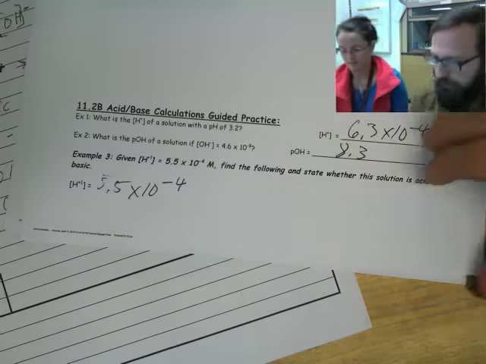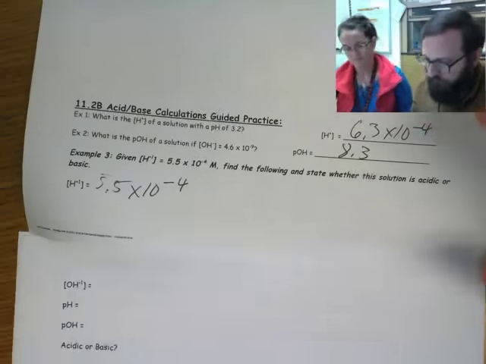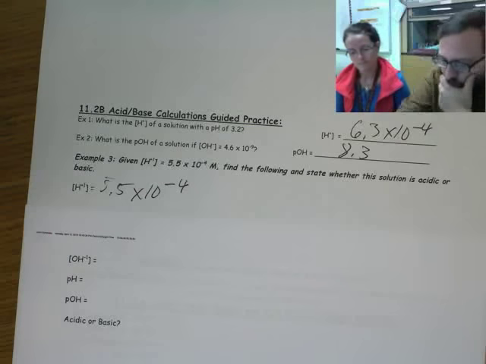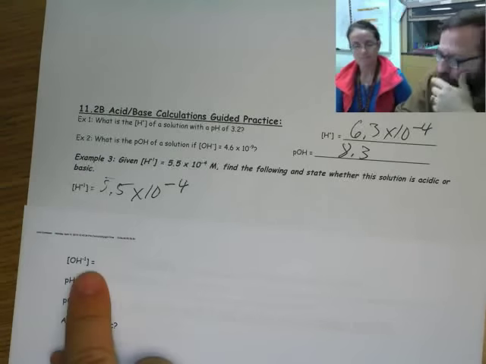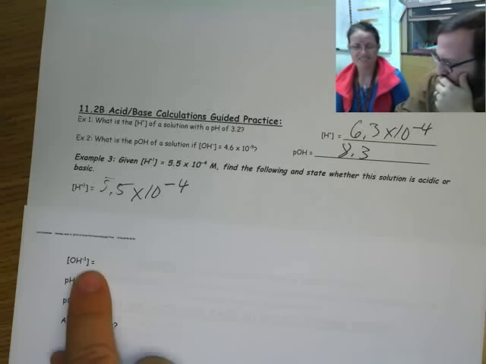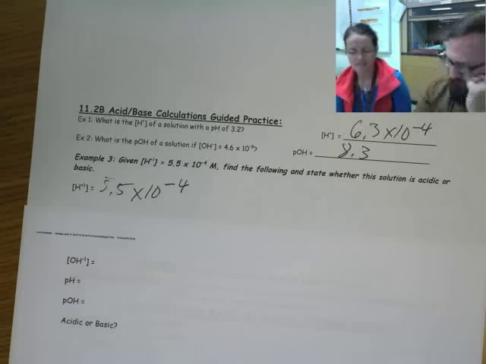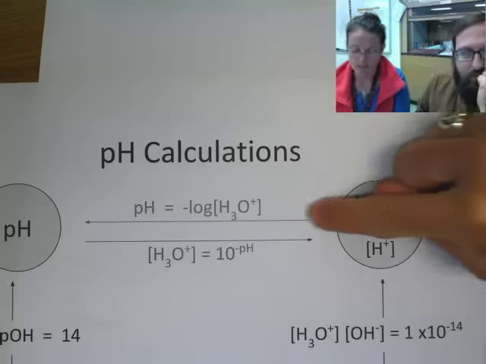Okay? And then, now I was given my H plus, and I've got to solve for my OH minus. Well, since I have my H plus, could I go ahead and figure out what my pH is? Sure. So if you like this little flow chart, guys, this is where it's starting you, and I want to go this way.